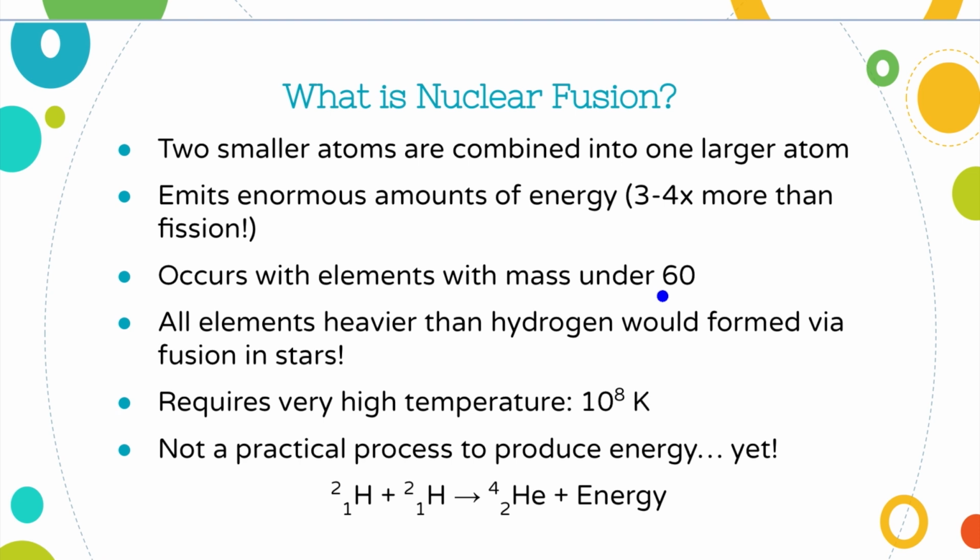Usually it is atoms with a mass of less than 60. All elements that are heavier than hydrogen would form via fusion in stars. And it requires really high temperatures, and so it's not a practical process for us to produce energy and use it. So hydrogen plus hydrogen produces helium and emits enormous amounts of energy.